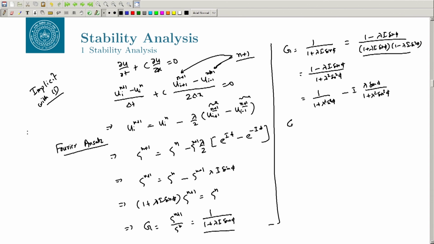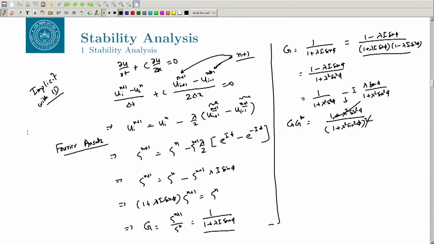Now do g star, which will be the conjugate, so the minus will become plus. On top we will have 1 plus lambda square sin square phi, and the bottom will be multiplied two times, so (1 plus lambda square sin square phi) whole square.